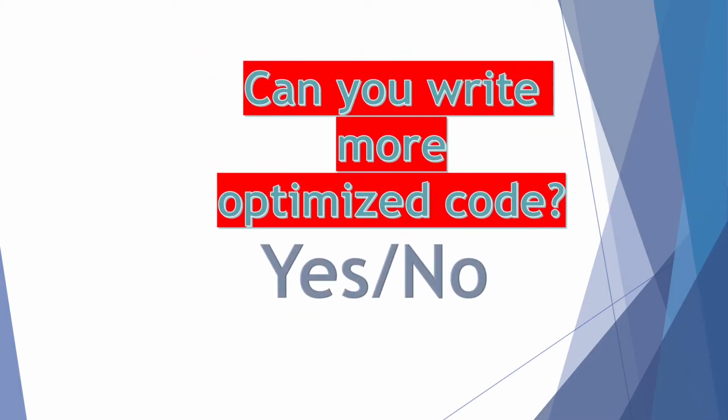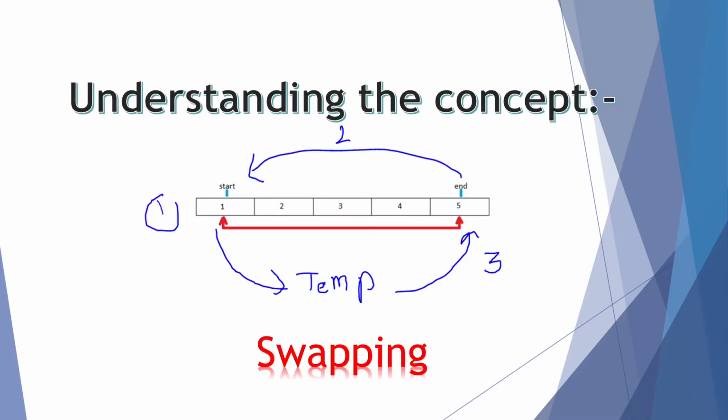So next, how are we going to optimize this? We are going to apply a swapping technique and a two-pointer approach. We are all aware of the swapping technique, and here we can see the start and end pointers. The start pointer is pointing to the first index of the array, and the end pointer is pointing to the last index.